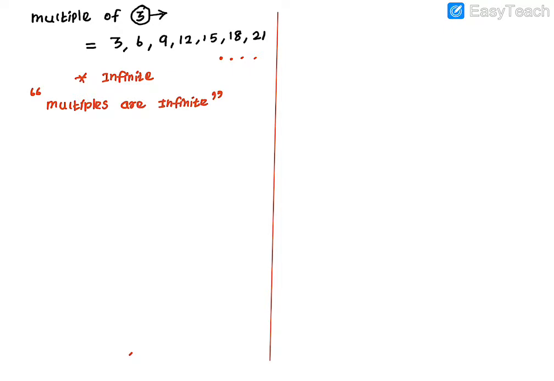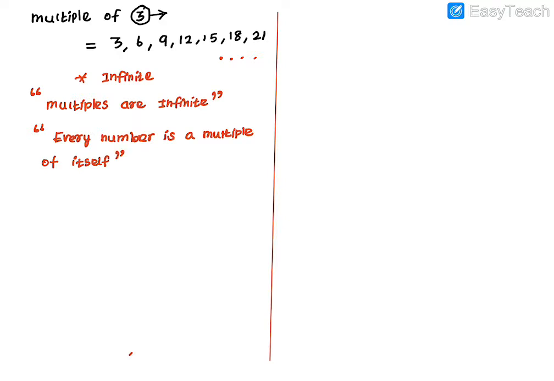For example, multiple of 4 means first you have to write the 4. So that means I will write one more fact. If you take any number, every number is a multiple of itself. So what is the meaning?